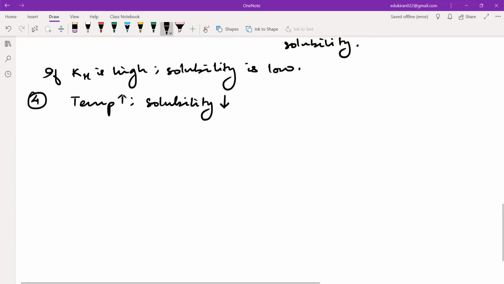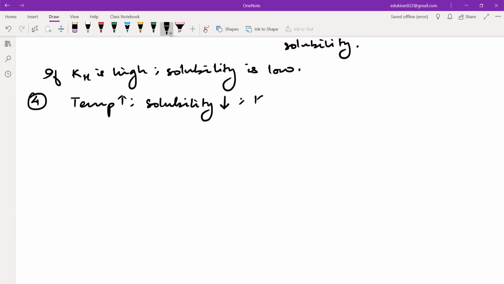Very good. Now, if the solubility is low, KH will be high. Now tell me the relationship between KH and temperature. KH is directly proportional to temperature.